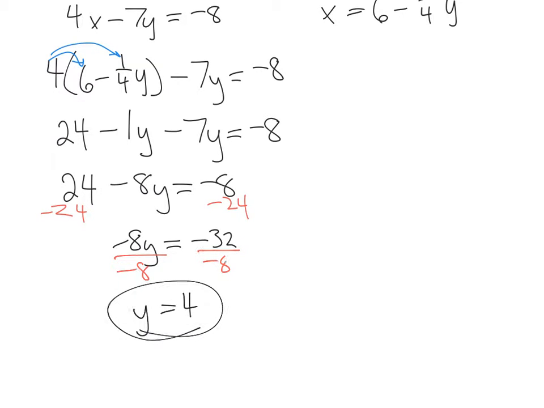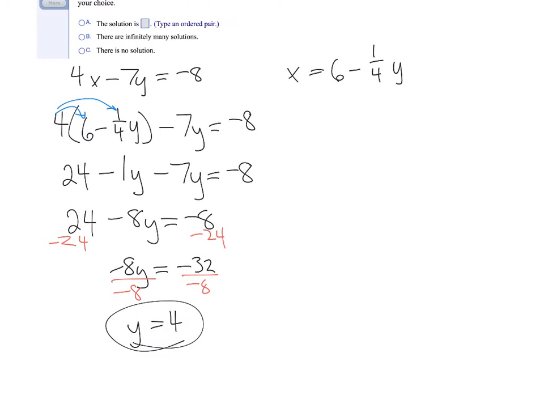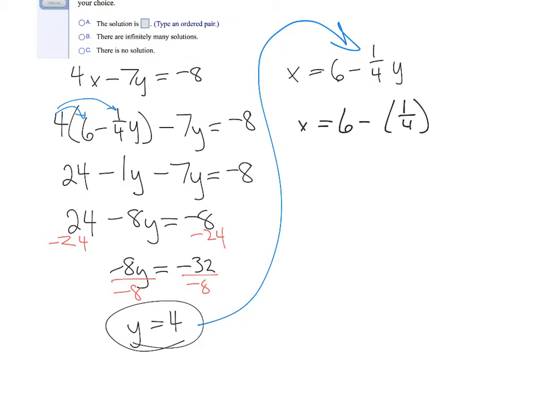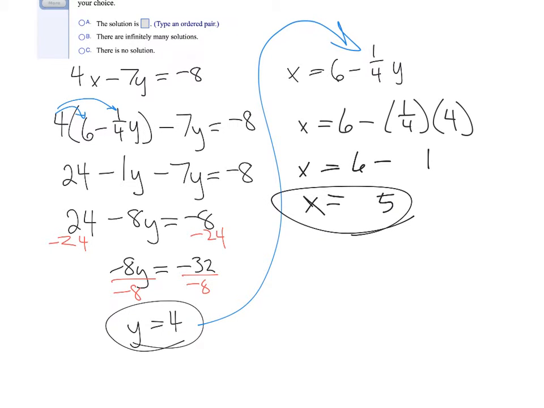So now that we know y is equal to 4, we can substitute that into our other equation, and we get x equals 6 minus 1/4 times 4. Well, 1/4 times 4, that's beautiful. That's equal to 1. So it becomes x equals 6 minus 1. So x equals 5. So that is our ordered pair, 5, 4.